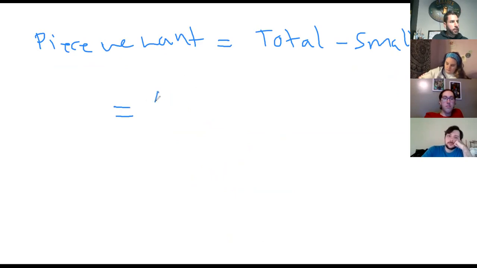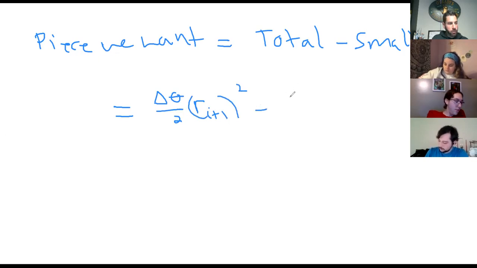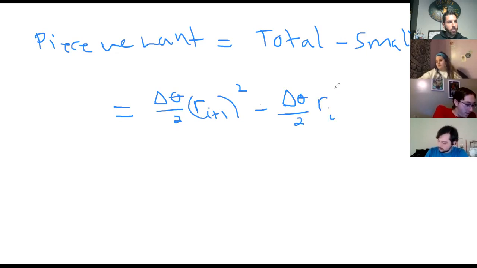We already discussed this, it's delta theta over 2 times r sub i plus 1 squared. Now what's the smaller piece? Well, its angle is also delta theta over 2, but its radius is r sub i squared.